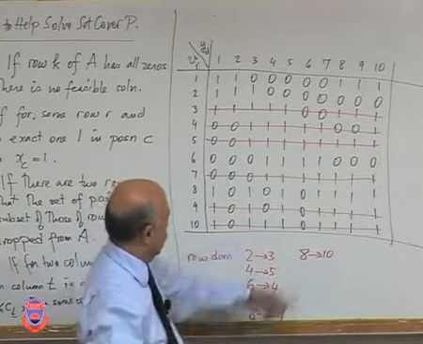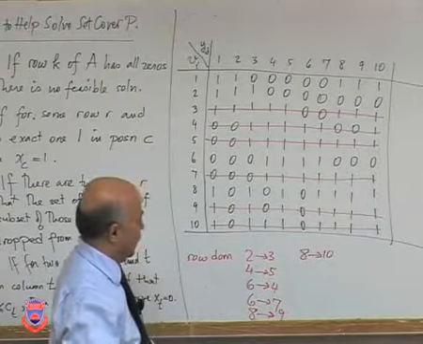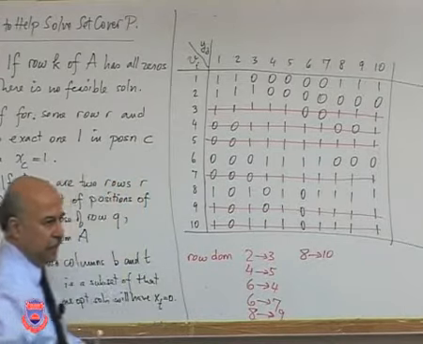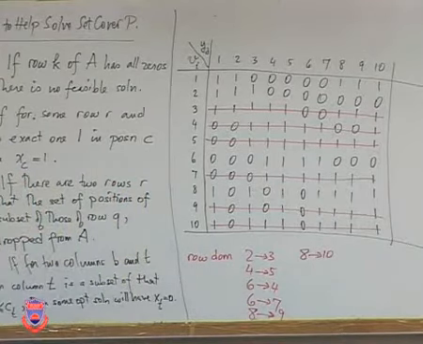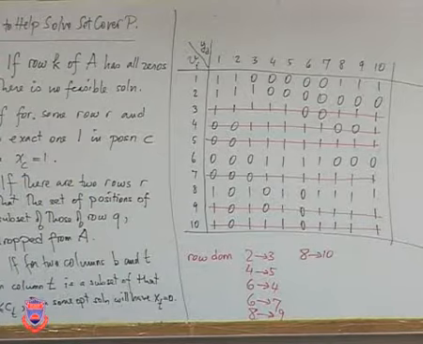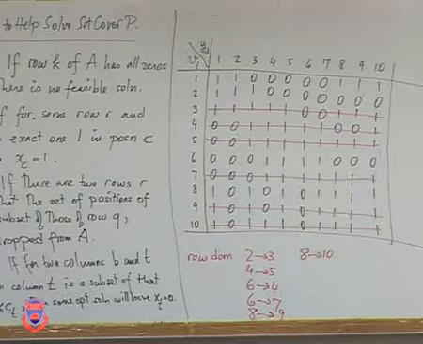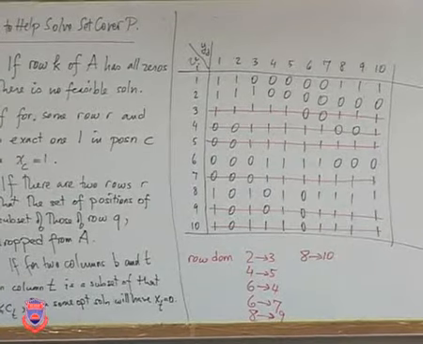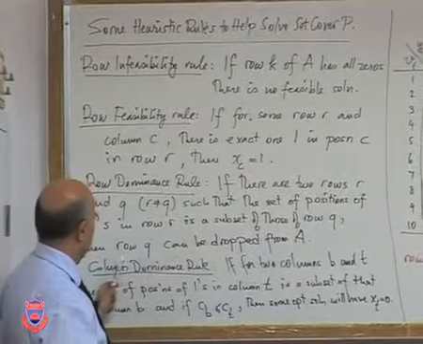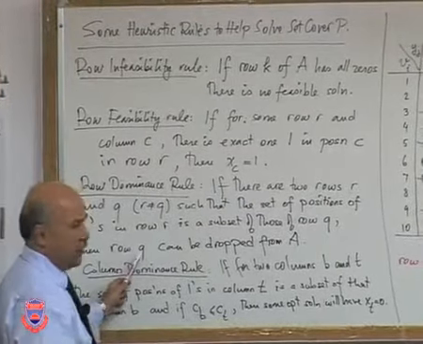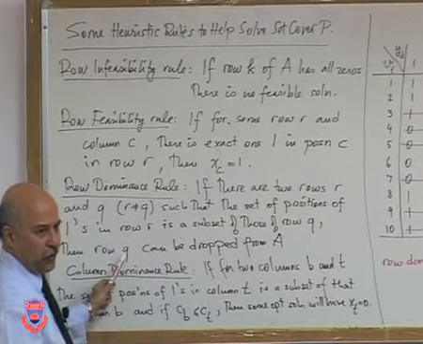The one that has more ones is dominated. Isn't that what we said here? If there are two rows R and Q such that the set of positions of ones in row R is a subset of those of row Q, then the one with more goes away.